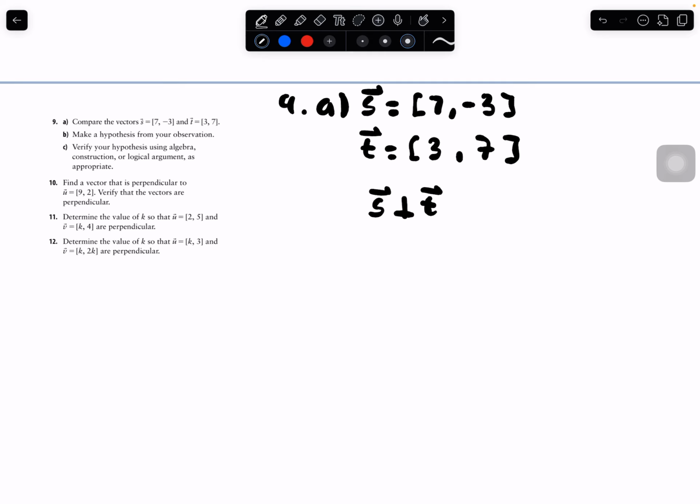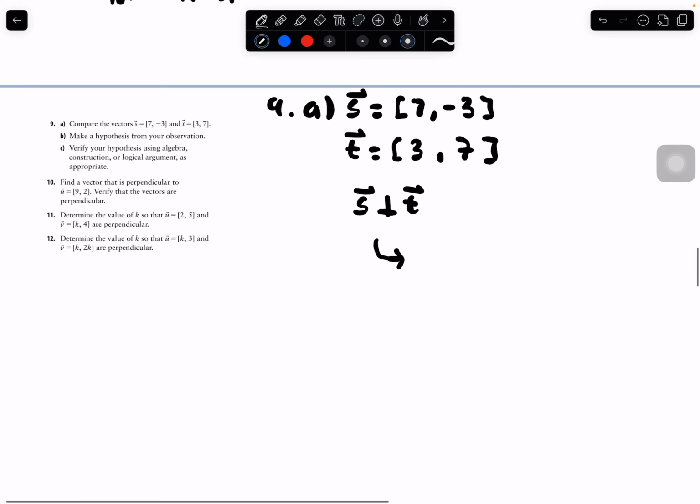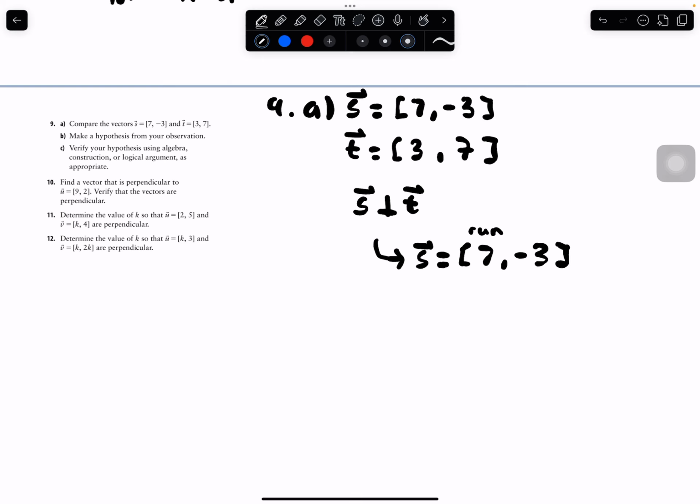So we have to go into a little analogy here, or a little side discussion, I guess, on slope. So S, the vector 7, 3, you can think about it as this being the run, the change in the x component, and this being the rise, delta y.